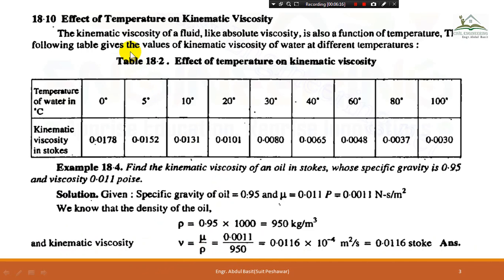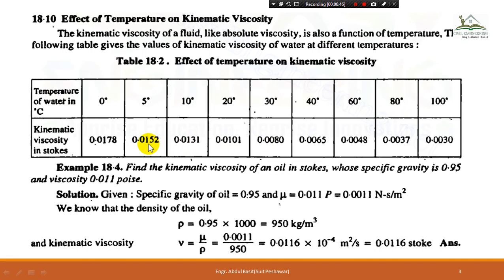Effect of temperature on kinematic viscosity. Here is a table that shows that when the temperature is increasing, the kinematic viscosity is decreasing. As the density changes, the density will increase, and since the density is in the denominator, this term gets decreased with an increase in temperature.